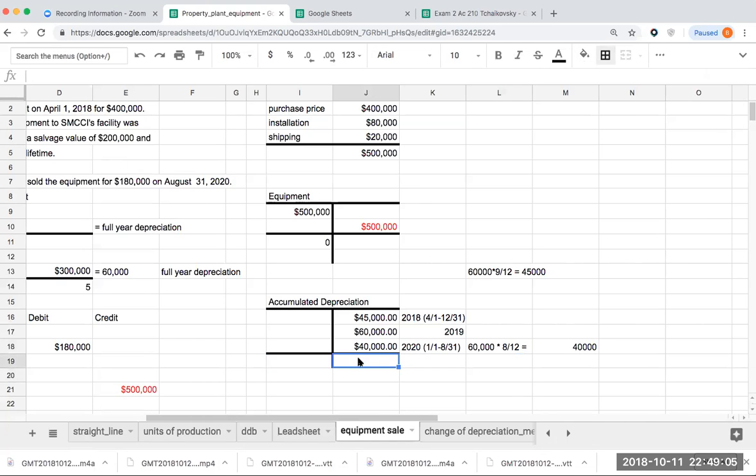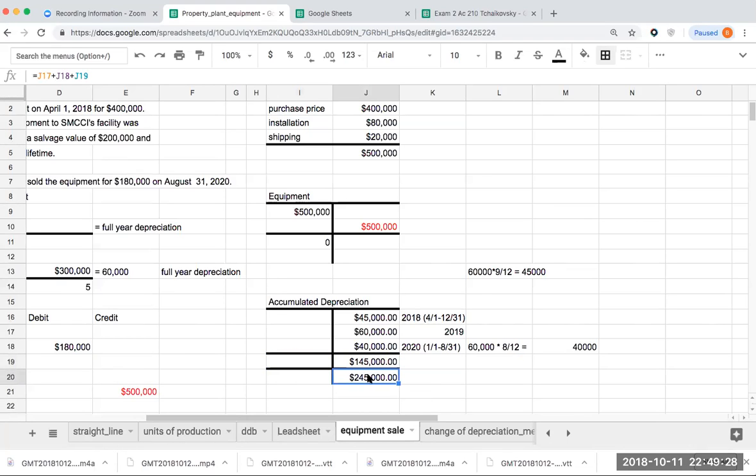I have to depreciate the asset up until the date I sold it because I was using it during this time. So here I'm going to add all these up. I'm going to get a total of 145,000. To zero out this account, I'm going to need a debit of 145,000.